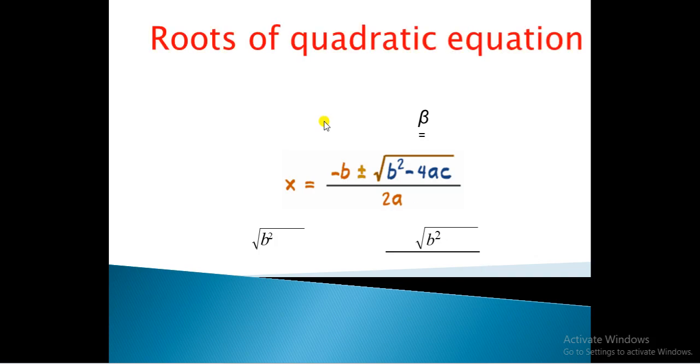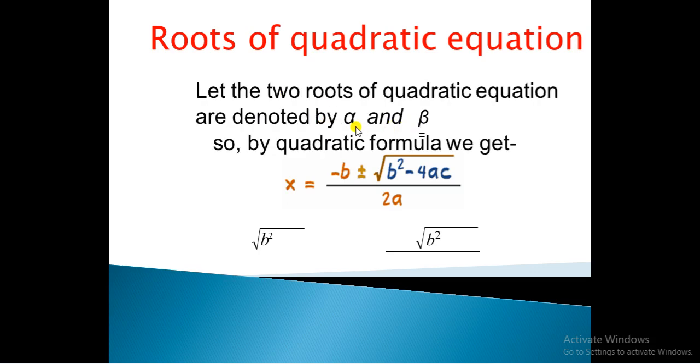Next, roots of quadratic equations. The roots of quadratic equations are given by alpha and beta. As the quadratic equation has two roots, let us suppose they are alpha and beta. Now by the quadratic formula we have x is equal to minus b plus minus under root b square minus 4ac upon 2a. When we take only plus, alpha is equal to minus b plus under root b square minus 4ac upon 2a.